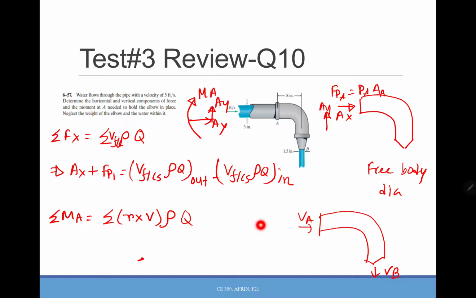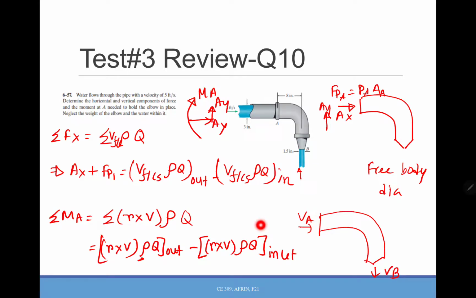The rho and the Q, and in between these two points only this V will give you something. So R V rho Q outlet minus R V rho Q inlet.